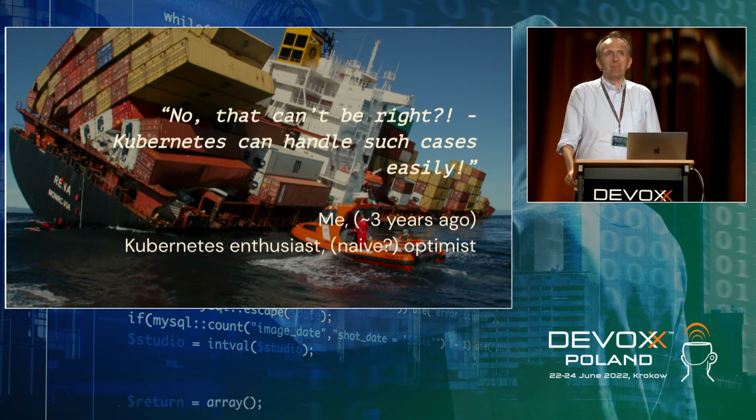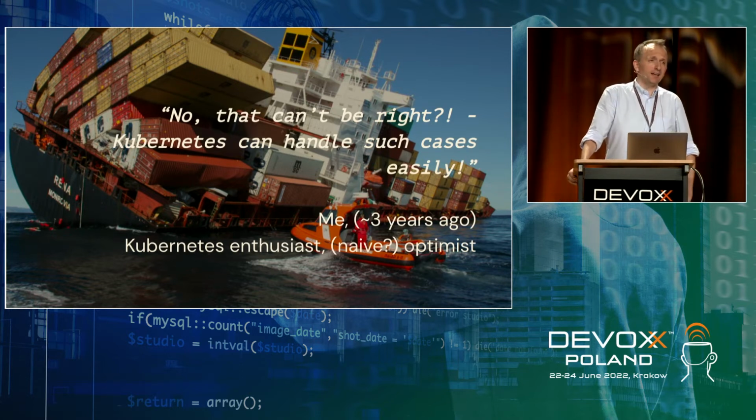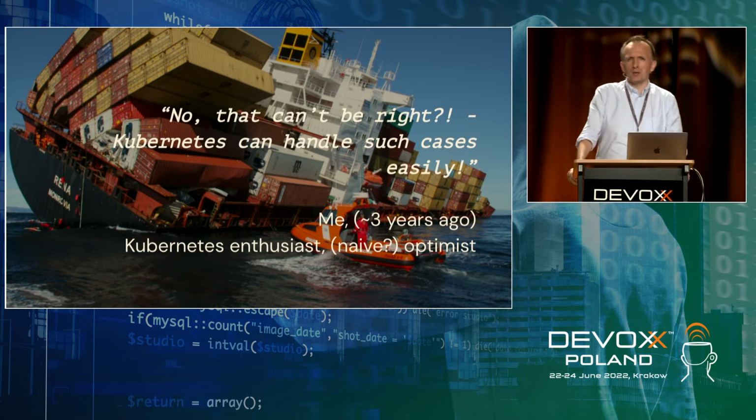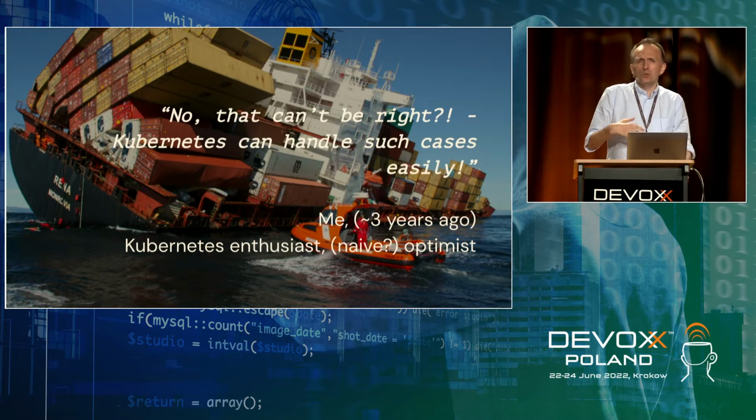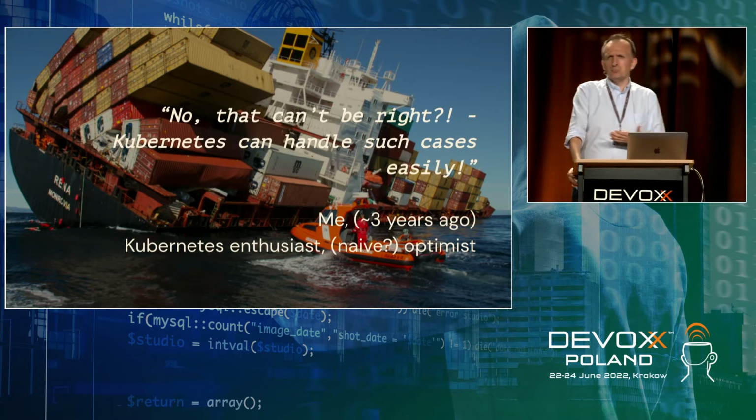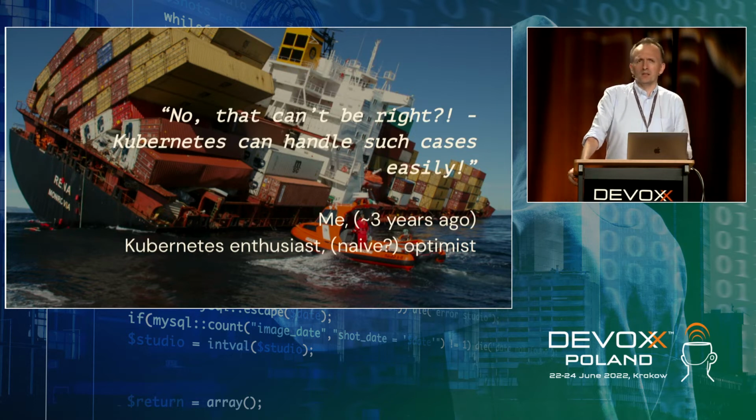But after a few months, I got a call from Kuba, and Kuba asked me, Tomek, we have some problems with our applications. Suddenly, from time to time, we have some outages, and we don't know why. And I was like, come on, it's Kubernetes. It doesn't work that way. You must have done something wrong.